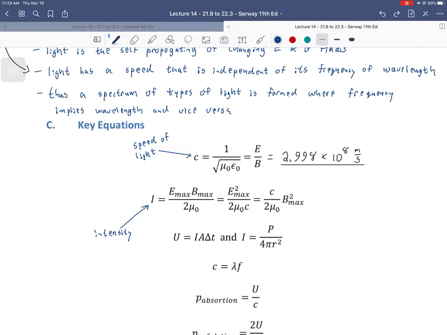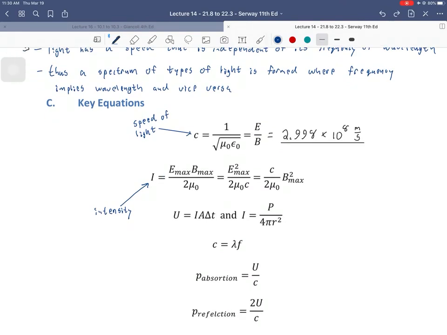Essentially, if I told you, for example, the electric field strength, and you were able to, based on the universal constant, the speed of light, find the magnetic field strength, then you could go on to find the intensity of that wave. So for a particular field strength, or combination of field strengths, you will know the intensity of the light.